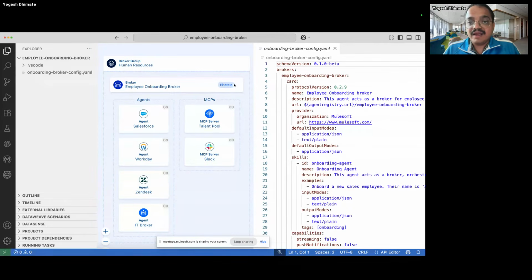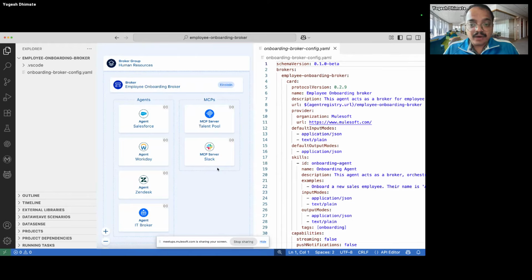The broker uses an LLM. So at the time of launch, we are supporting OpenAI Direct API and Azure OpenAI for reasoning. And here, I don't know if you can see the instructions, where you tell the broker how it should accomplish the task using the available assets that are contained in the broker.